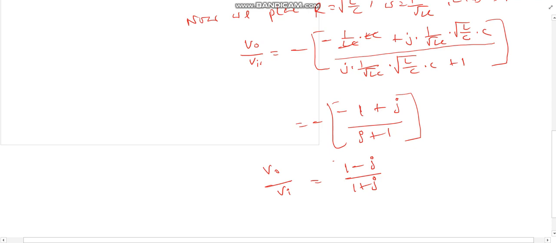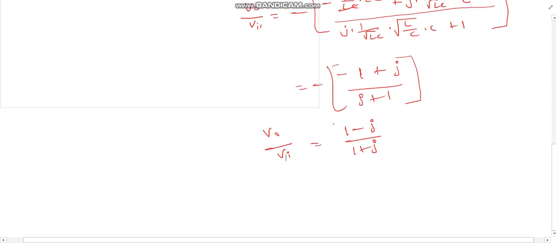This is the gain. Now if we find the angle of V0 by Vi, it equals tan inverse of minus 1 by 1 minus the denominator's angle, tan inverse of 1 by 1, because the j coefficient is 1 divided by 1.